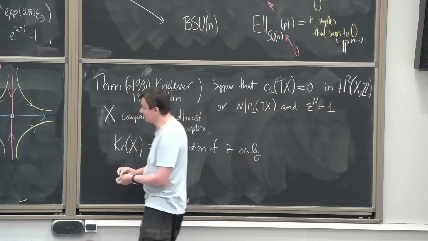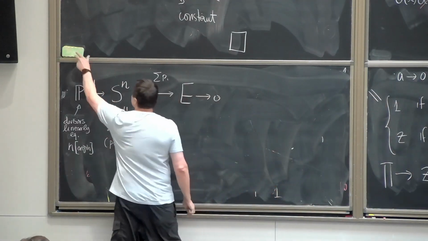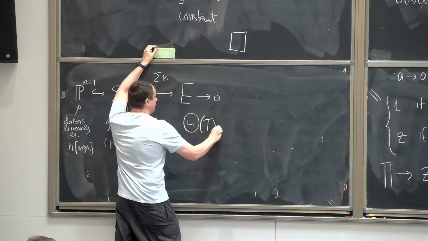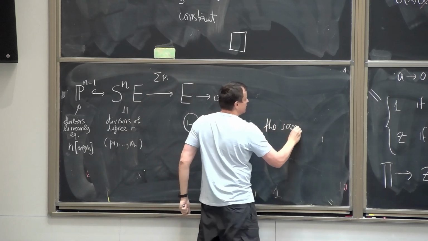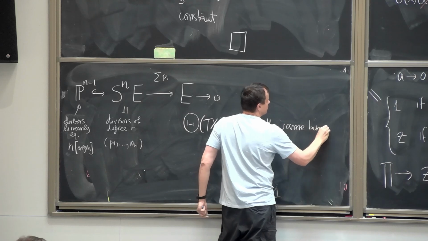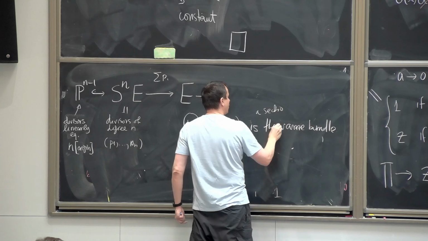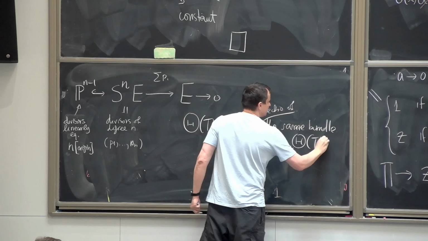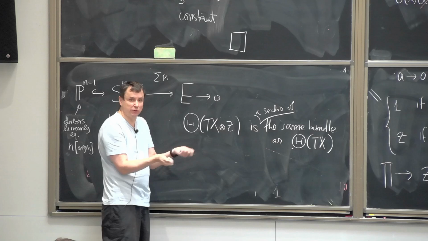So the conclusion is that, sorry, I have to finish the proof. Maybe I'll write here that theta of zx is the same bundle. The theta bundle is a section of the same bundle as theta of x, because they both pull back from something where bundles don't move.